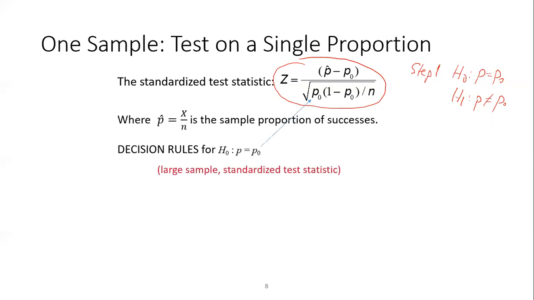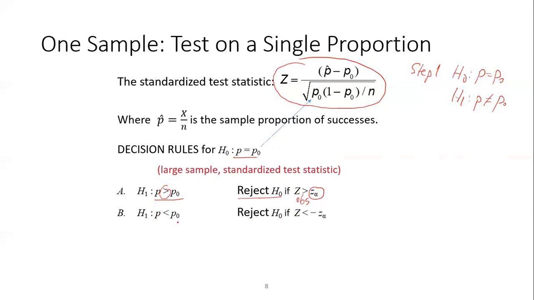So P is equal to P0 versus P is greater than P0. This is a greater-than type hypothesis. If your Z observed is greater than Z alpha, then you will reject H0.